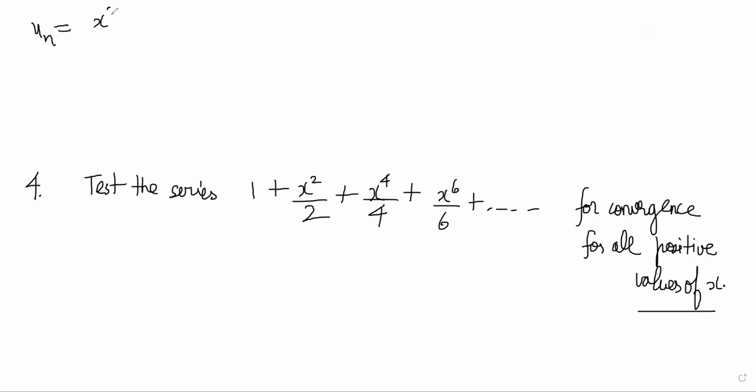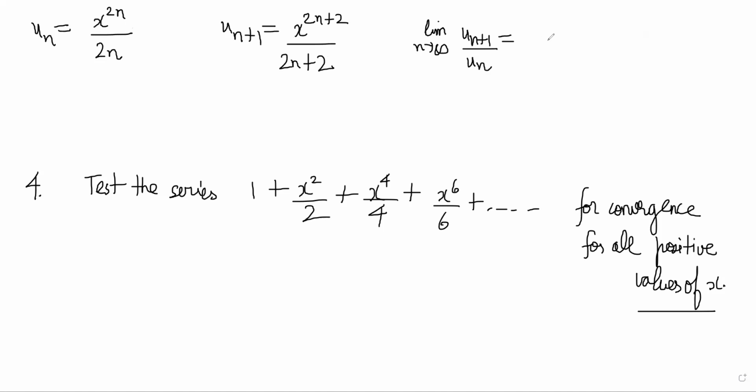un is x power 2n by 2n, right? un plus 1 would be x power 2n plus 2 by 2n plus 2. Limit of n tends to infinity, un plus 1 by un would be x power 2n plus 2 by 2n plus 2 times 2n by x power 2n.